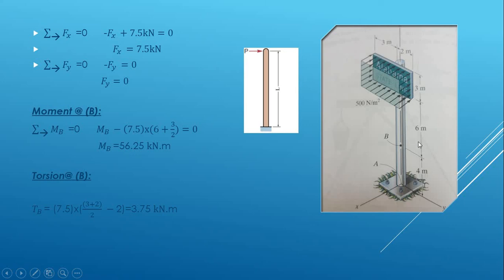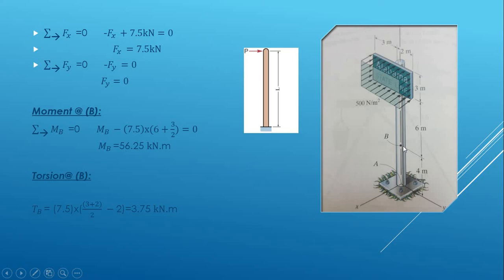That means 1.5 plus 6 equals 7.5. 7.5 times 7.5 equals 56.25 kilonewton meter. This is the moment of resistance at point P.